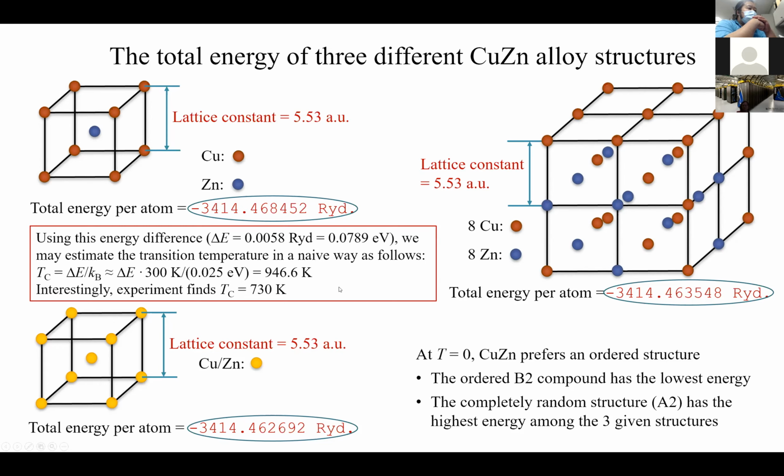You can make a very naive estimate of the transition temperature based on the energy difference, using this very simple formula. TC, you can do this simple calculation, turns out to be 946.6 Kelvin. You can compare with experiment. It turns out the experiment is 730 Kelvin. We know such an estimate is usually an overestimate, but it's an interesting comparison you can make.